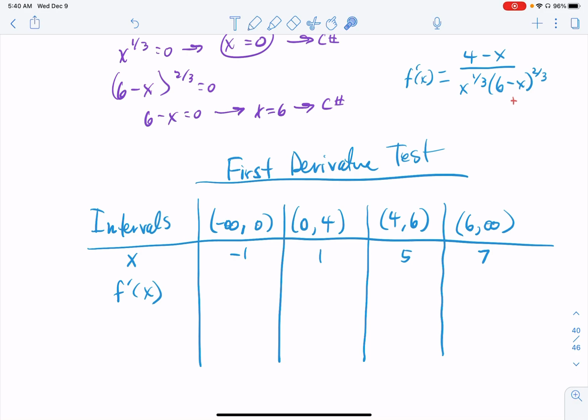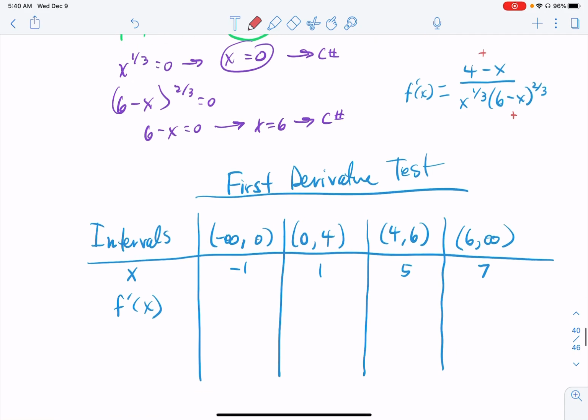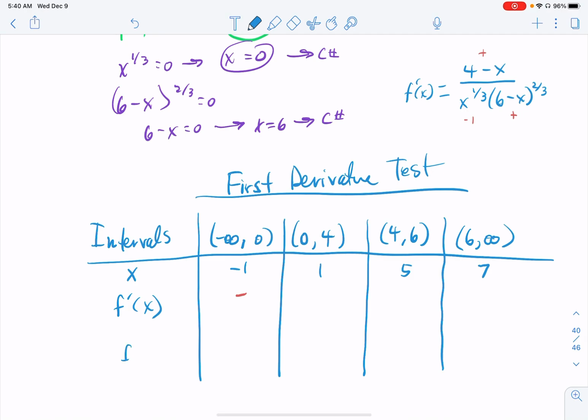Up top, if I stick in a -1, 4 minus a -1 makes this a positive number, so plus, and a -1 to the third power is going to be a negative. So all of this is negative, which means that f of x is decreasing.